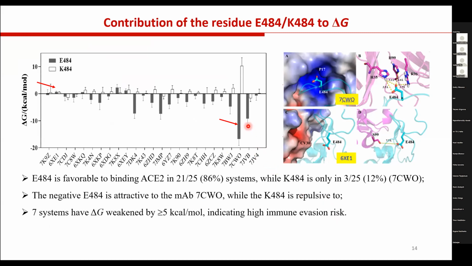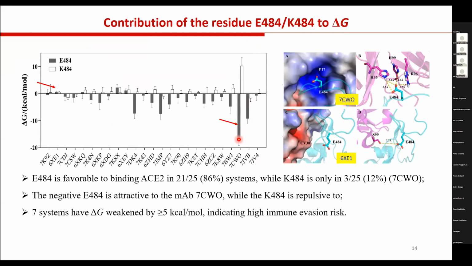And we looked at the details of the contribution of this residue to the binding free energy before and after mutation. We found some significant change took place.